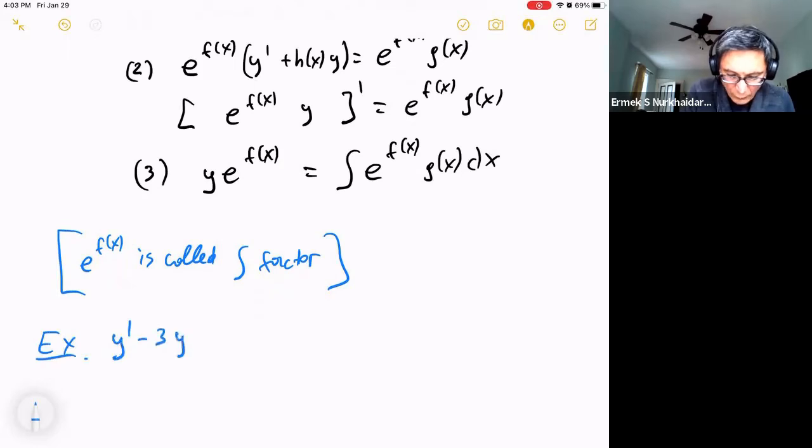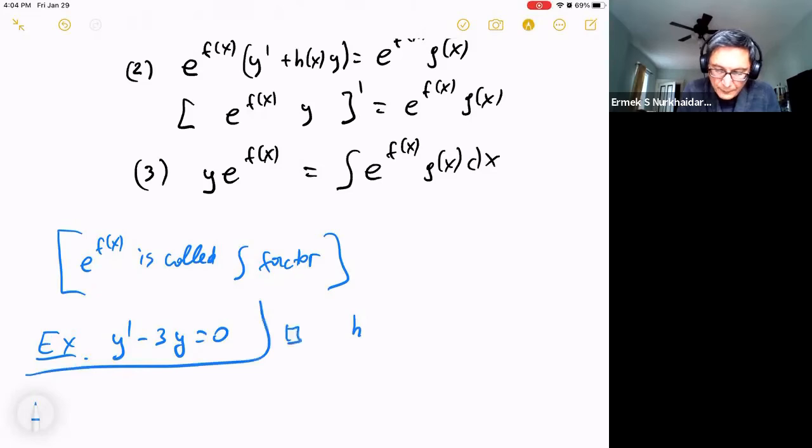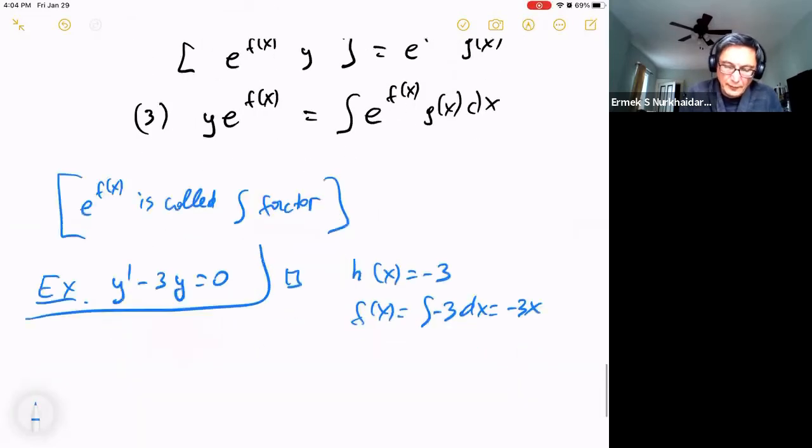Take the example y prime minus 3y equals 0. So h of x here equals -3. So f of x will be the antiderivative of -3 dx, so -3x. The integrating factor is going to be e to the f of x, e to the -3x.